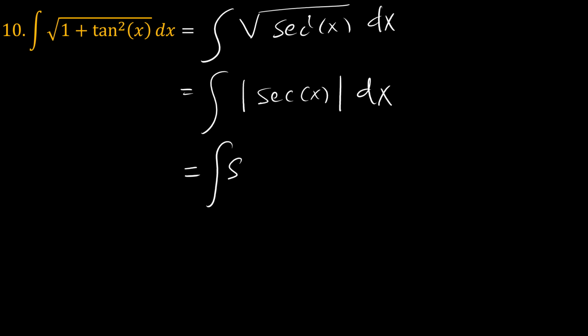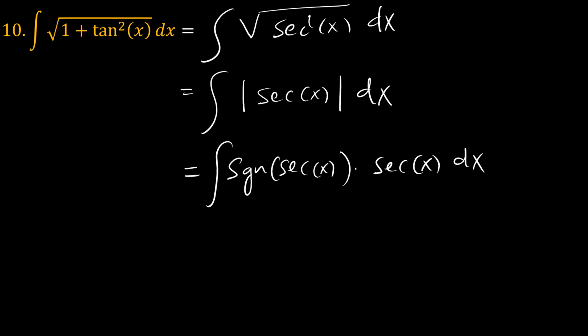So we could reintroduce this new function. This is the sign of secant x, which means that when secant of x is negative, this is going to be negative. So that's, in some way, a hidden constant.